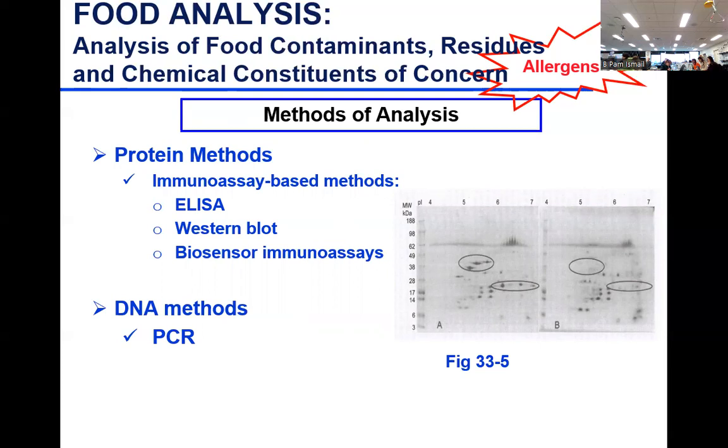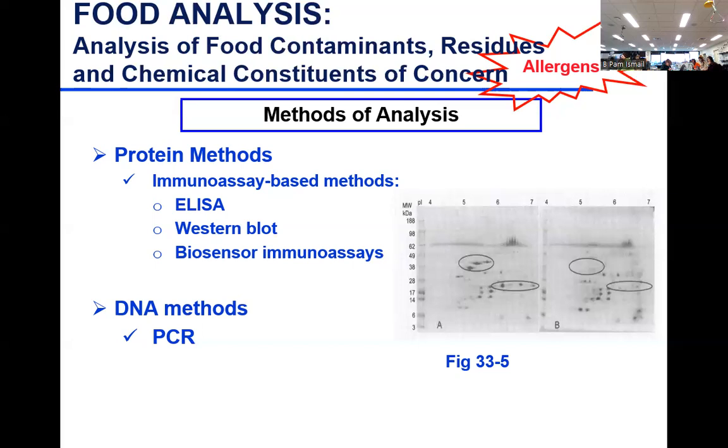So here's an example from the figure in our chapter. This is a sample that was extracted using salt extraction, adding salt to the buffer. Here's a sample where we didn't add salt to the buffer. Globulins, if you have ever learned about cereal protein fractionation, are salt soluble based on osmotic fractionation.